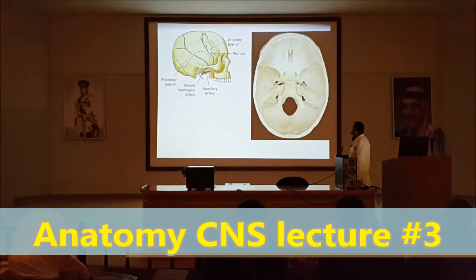Spinosum. If you look at foramen spinosum, you will see there is a groove in the bone. Do you see this groove in the bone running along? This groove is because there is an artery inside the foramen spinosum running deep on the bone, between the bone and the meningeal layer of dura, the dura mater. Okay, this is a groove for the artery which we call middle meningeal artery.